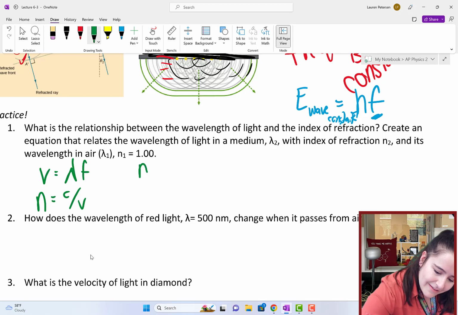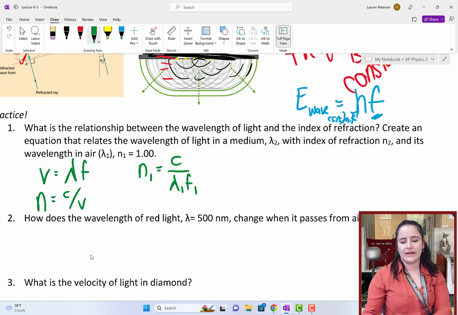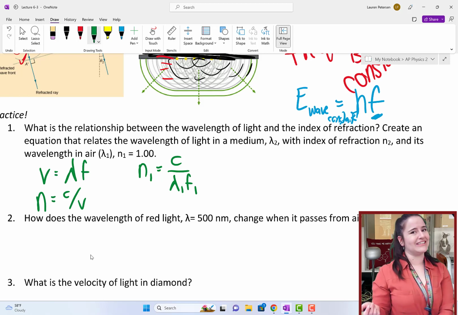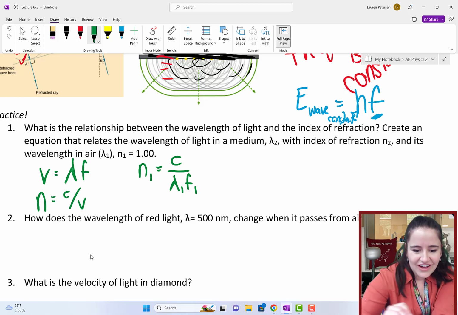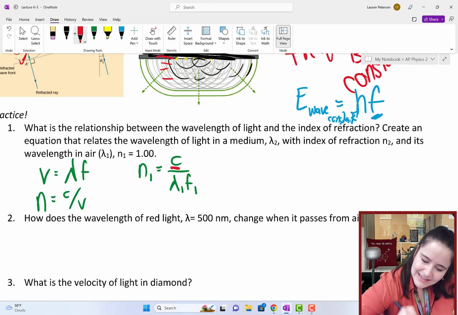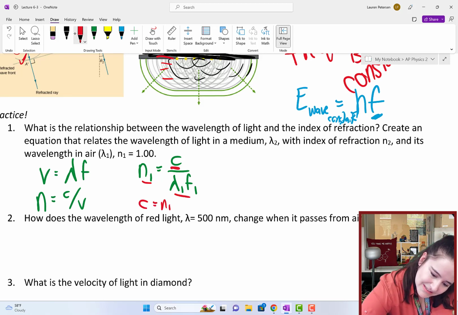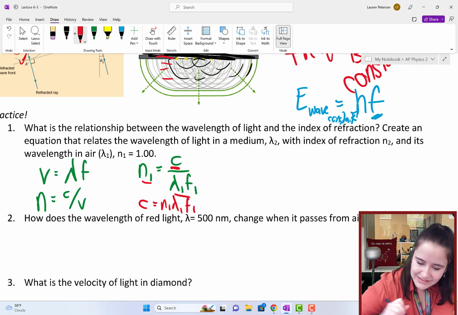So then I have N1 would be equal to C times the wavelength 1 over frequency 1. And C is a constant, so that'll be true for any of these. C equals N1, wavelength 1, frequency 1.